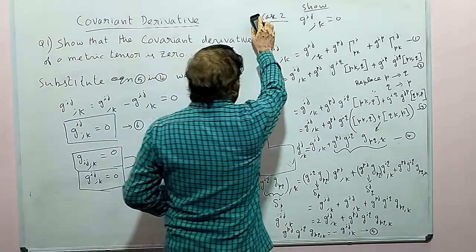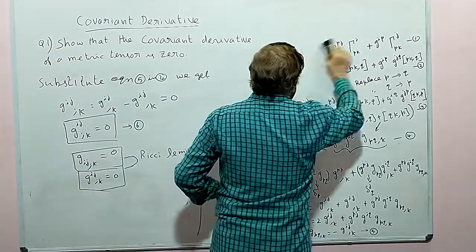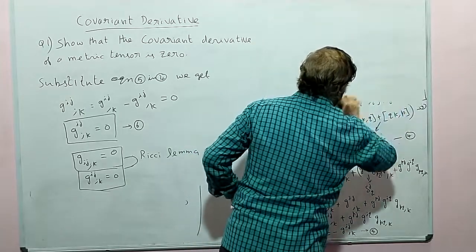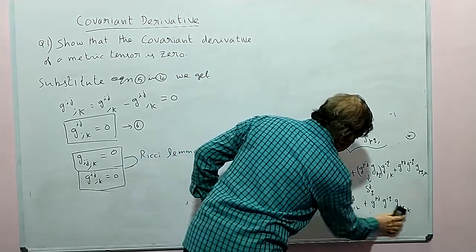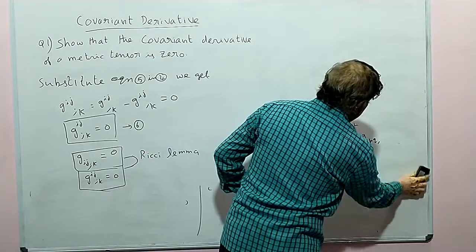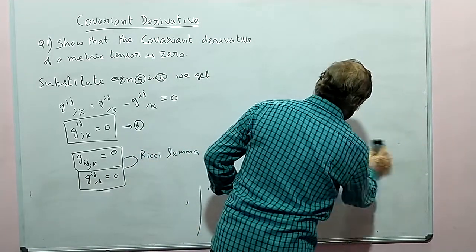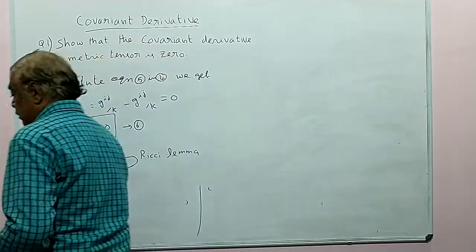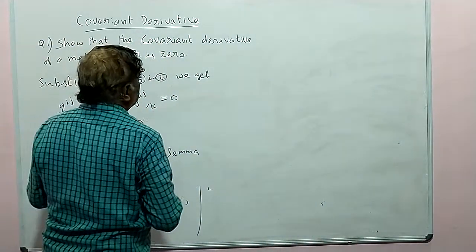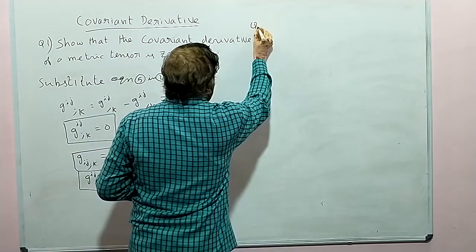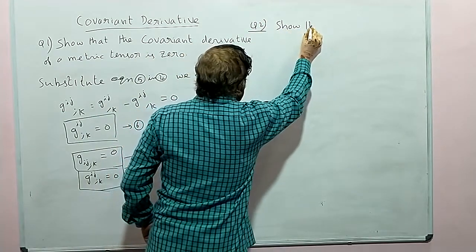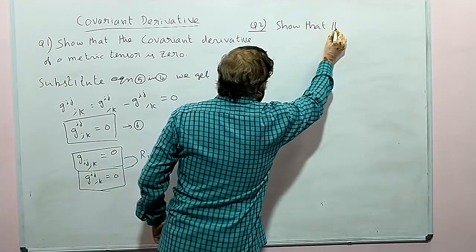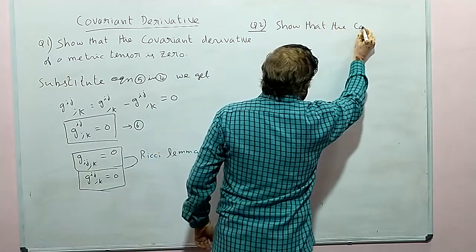Similarly, there is one more problem you can solve. Question number 2: show that the covariant derivative of the Kronecker delta is 0.